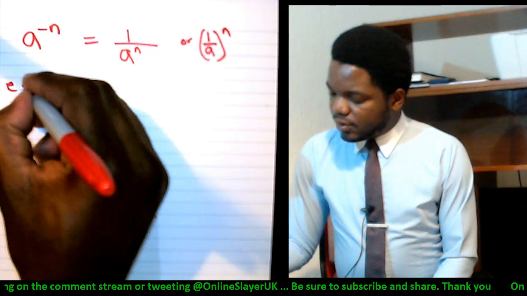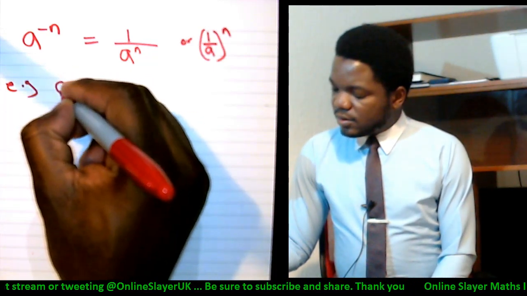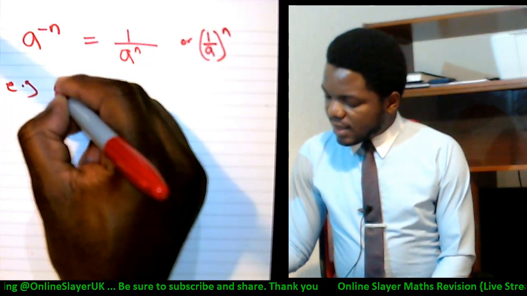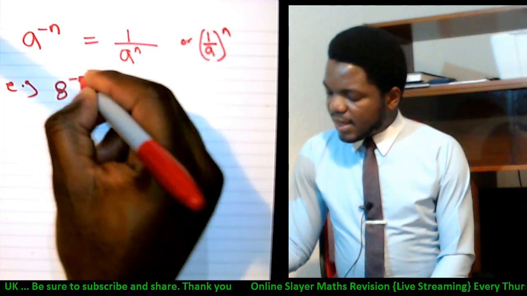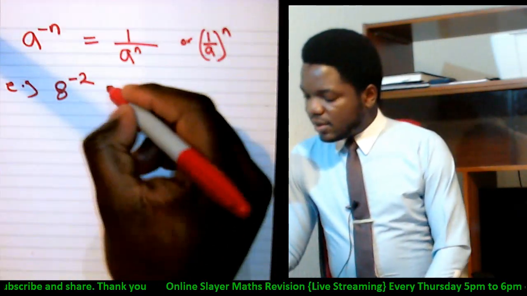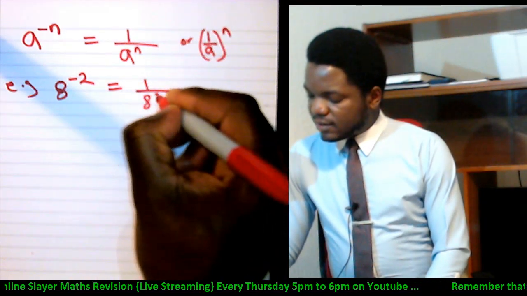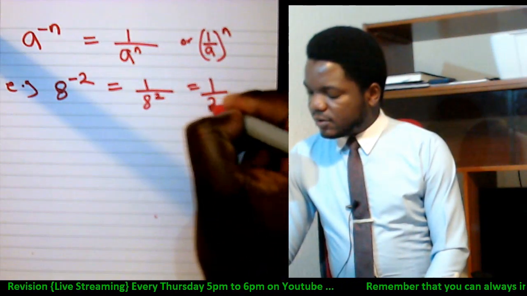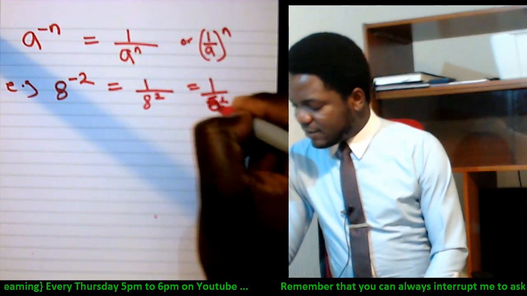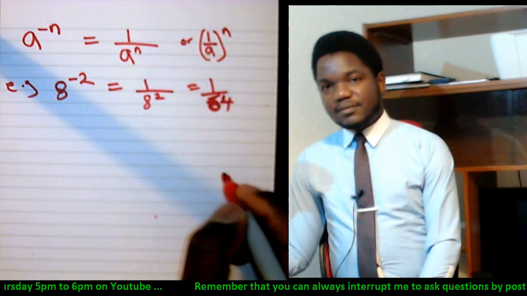For example, let's say 8 to the power minus 2 is going to be the same thing as 1 over 8 squared, which is 1 over 64. Okay.